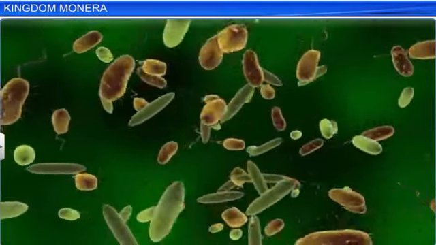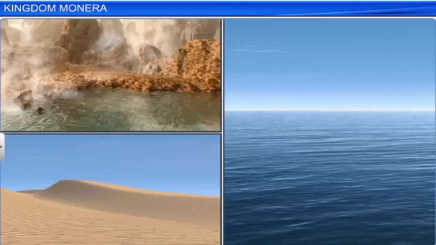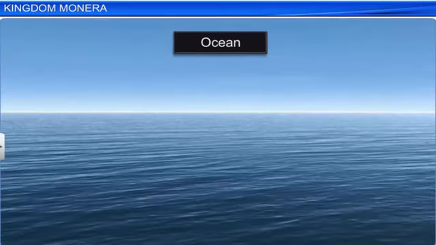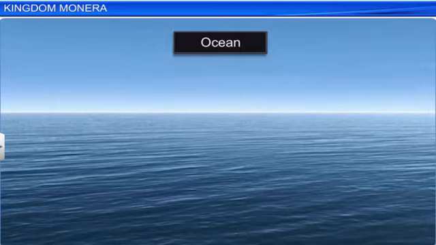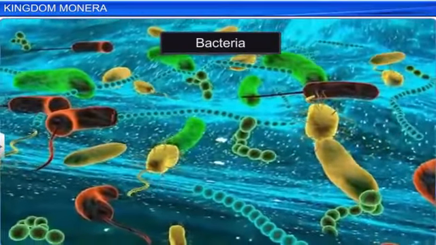Bacteria are the sole members of Kingdom Monera. Bacteria can be found anywhere, including extreme habitats like hot springs, deserts, and deep oceans. Different bacteria synthesize their food in different ways.